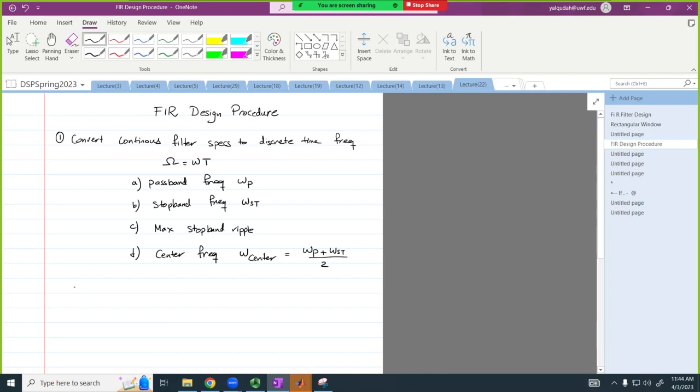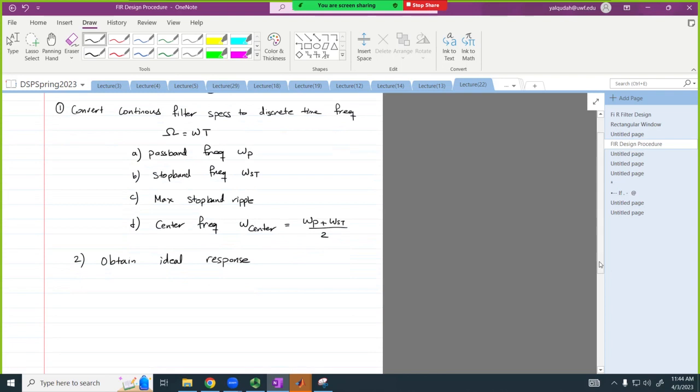Okay. The second step, we're going to obtain the ideal response. Therefore, we're going to have a filter HD of N using W center. The third step, we're going to select a window from the ripple specifications.